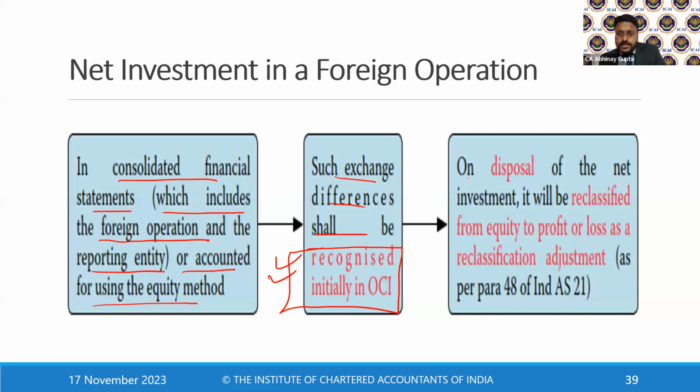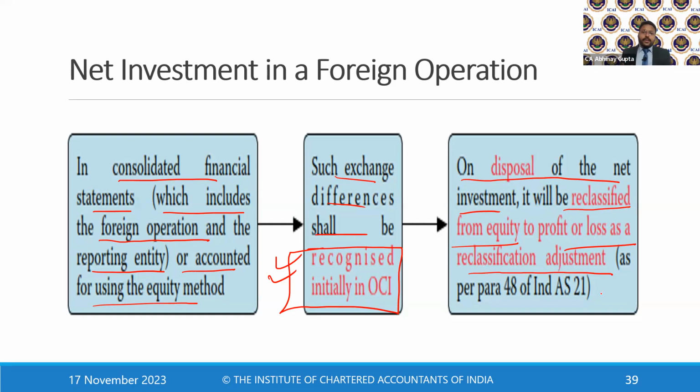Now, additionally, the standard says on disposal of the net investment in foreign operations, whenever the parent disposes of the net investment in the foreign operation, then all such accumulated gain or loss till the date of disposal will be reclassified from the equity to the P&L as a reclassification adjustment, right?